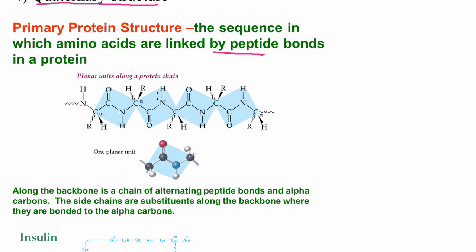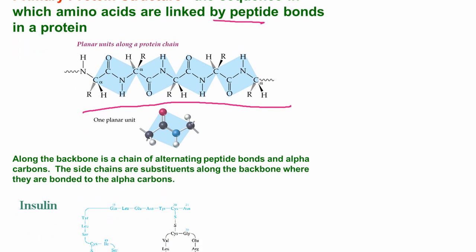That's all it is. We look at this structure here, this representation, and we see that along the backbone of this protein there's a chain of alternating peptide bonds and alpha carbons. Think of the side chains as being substituents along the backbone, and again those are bonded to the alpha carbons.